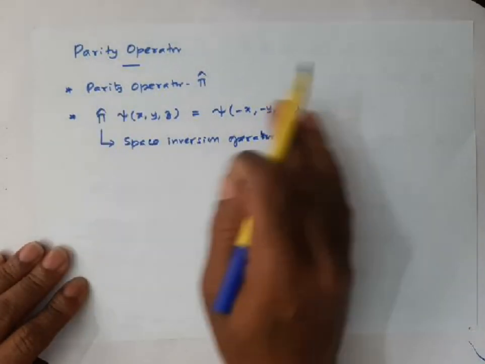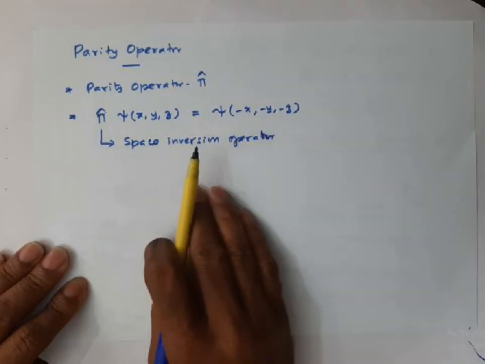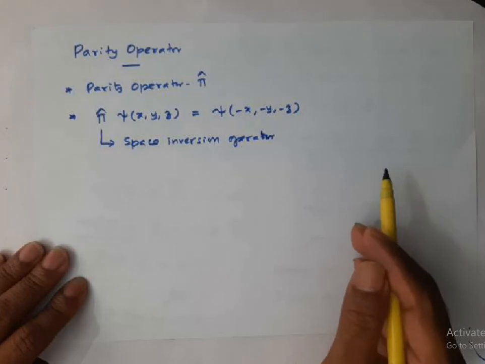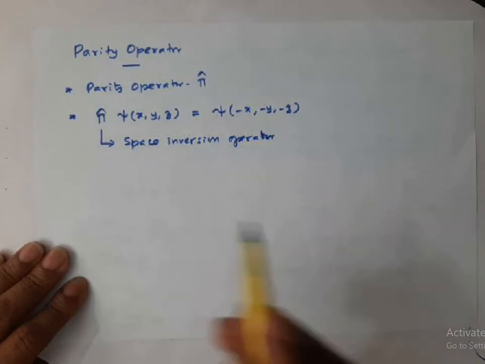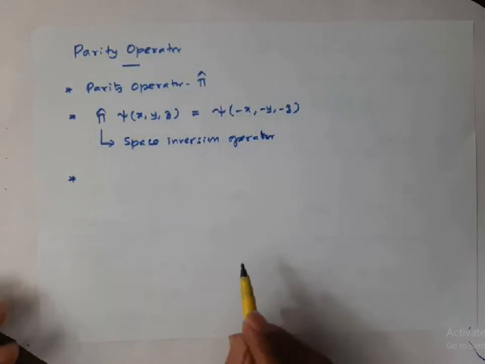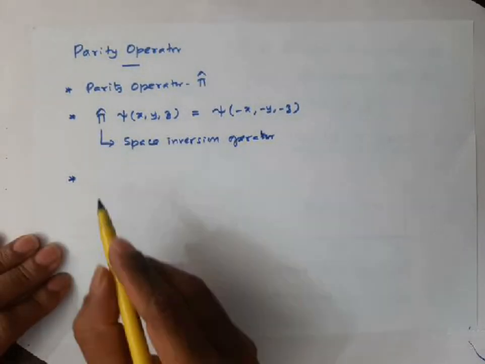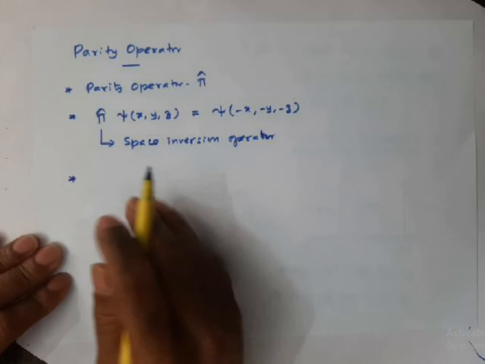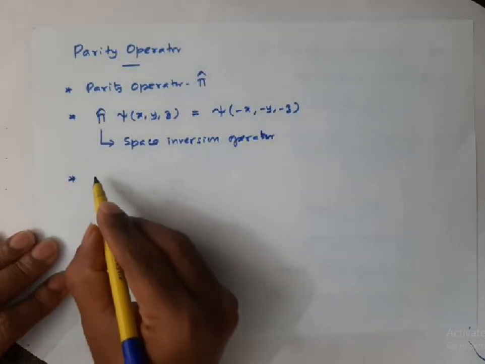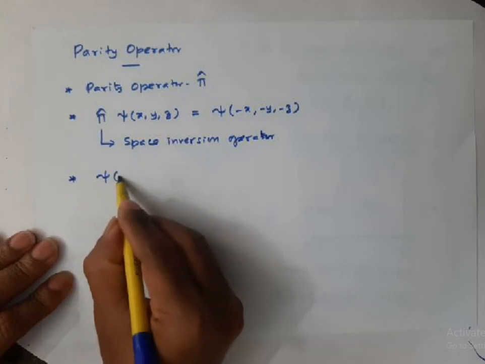It is similar to an inversion operation, so the parity operator can also be called a space inversion operator. Some functions may be an eigenfunction of the parity operator. Say some function psi of x.